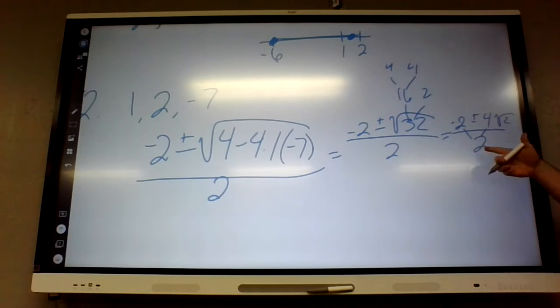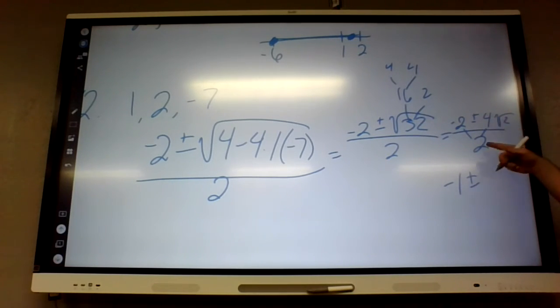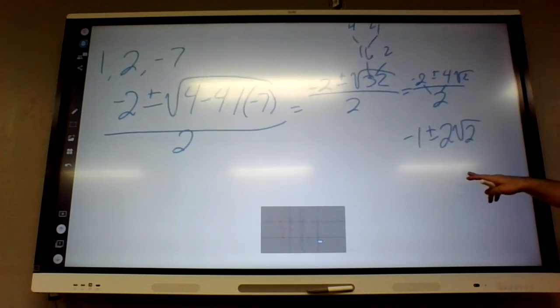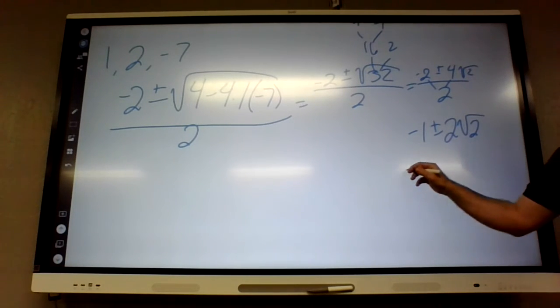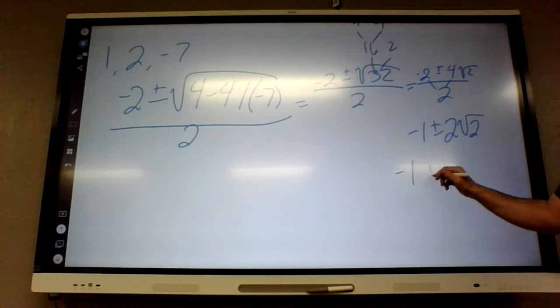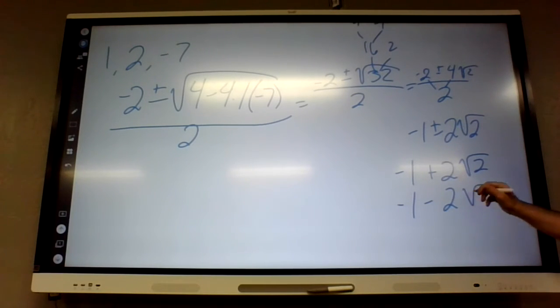Remember, if you reduce these, all three of them have to divide, because both of these are actually being divided by 2, so you can't just divide one of them. Negative 2 divided by 2 is negative 1, and 4 divided by 2 is 2. Now remember, this stands for two different things: negative 1 plus 2 square root of 2 and negative 1 minus 2 square root of 2.